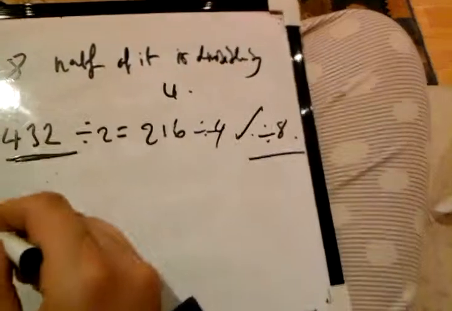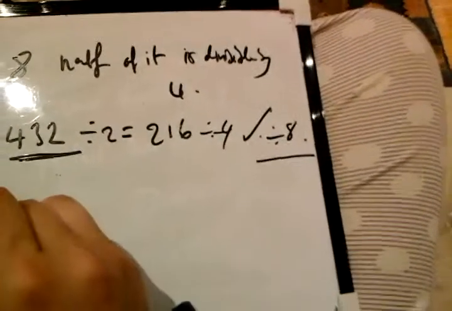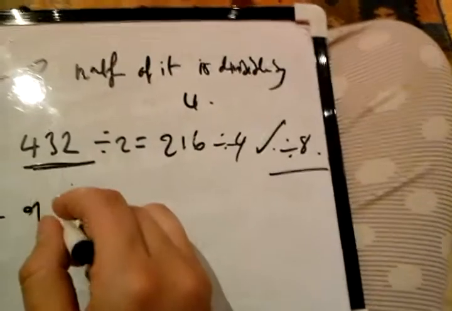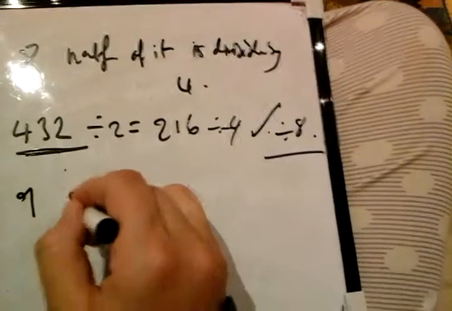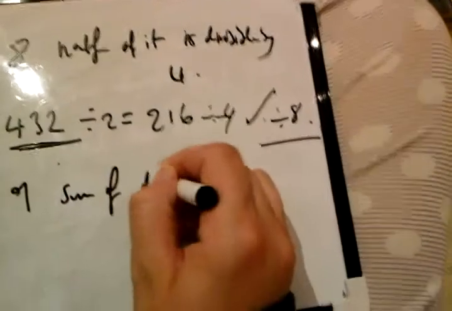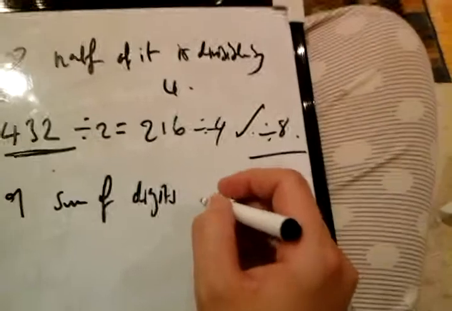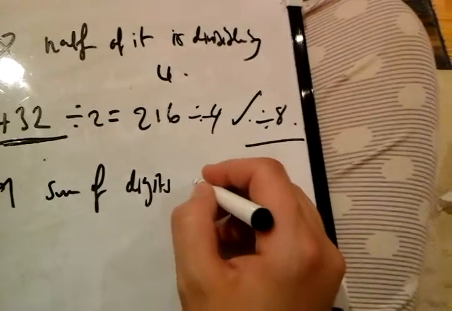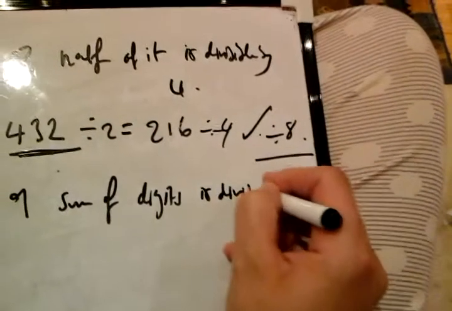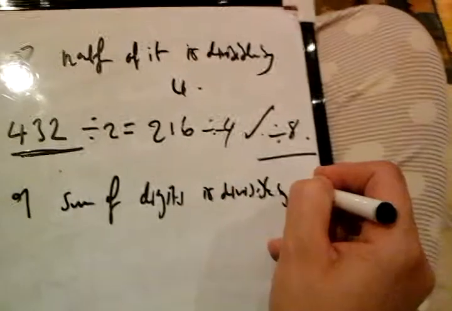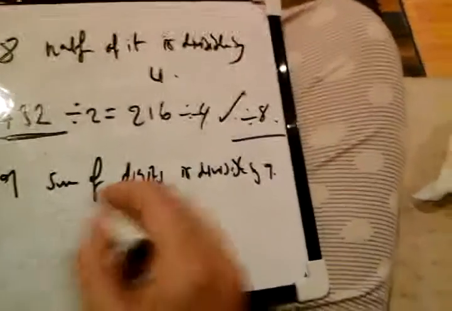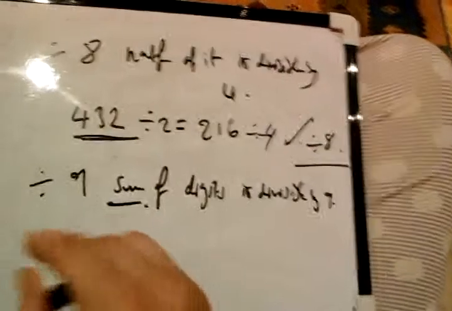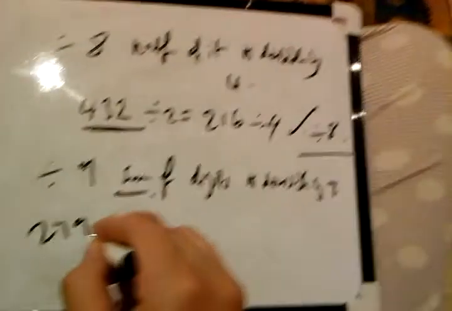Right, last but not least, oh no, we've got divided by 9. Divided by 9 if the sum of its digits is divisible by 9. Oh, the sum of the digits. So the number they've given you says 279.